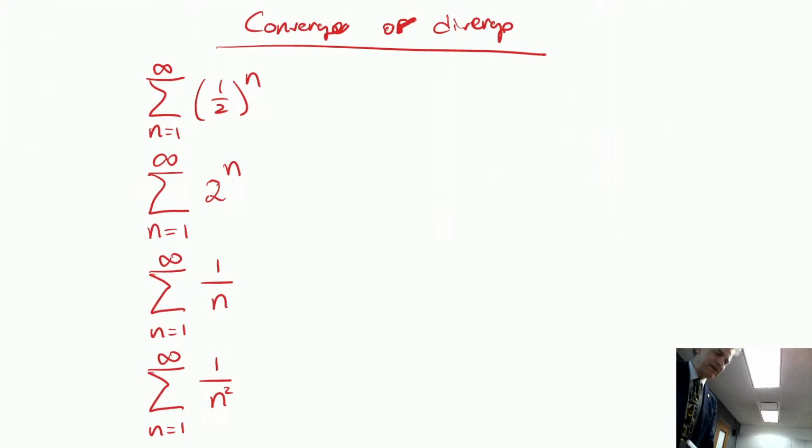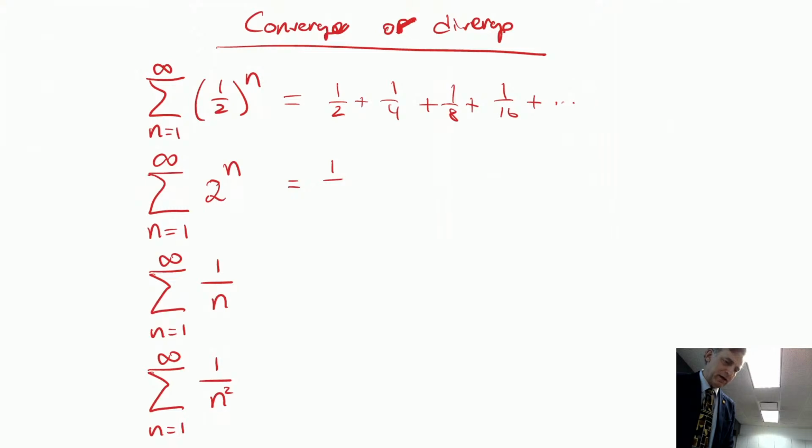In fact, I can write down the numbers so that you know what they look like. This is going to be 1/2 plus 1/4 plus 1/8 plus 1/16, and so on. Remember, this game, I only want to know, does it converge or does it diverge? And explain why. This next one is going to be 2 plus 4 plus 8 plus 16, and so on.